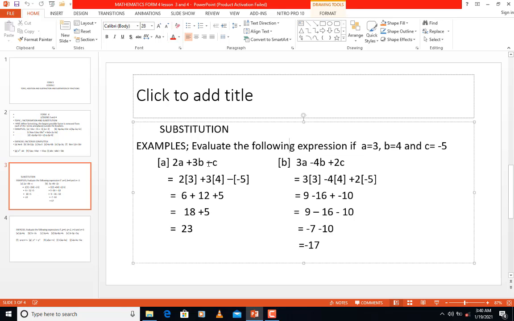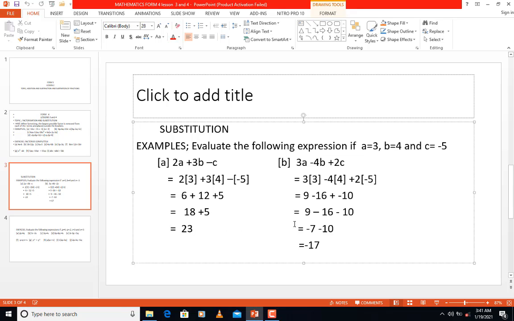This negative is for the expression, and the value for C is -5. Now after doing that, you remove these brackets by multiplying. So it's 2 times 3, 6. 3 times 4, 12, minus this one. Minus and minus gives us a positive. So it means +5. If you add, you get 18 plus 5, which gives you 23.